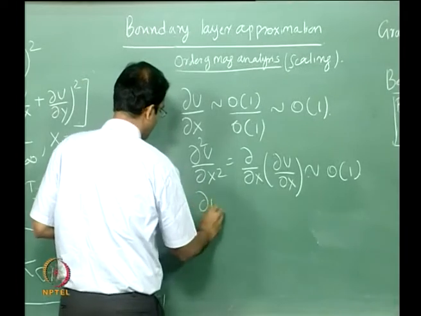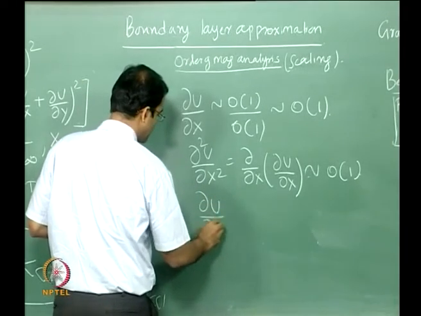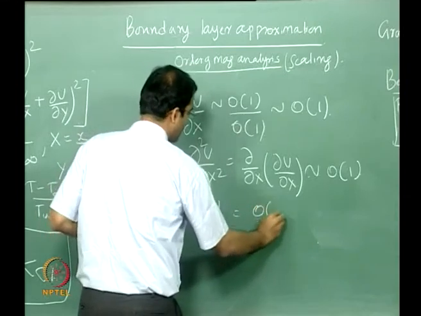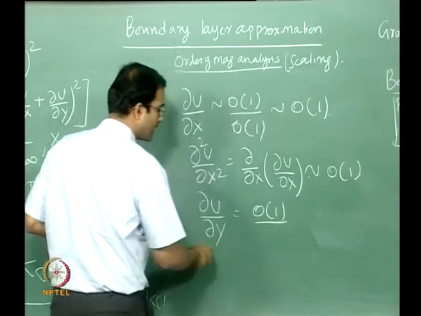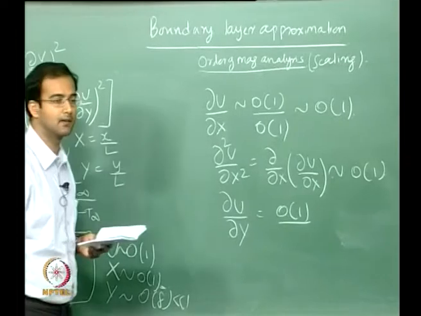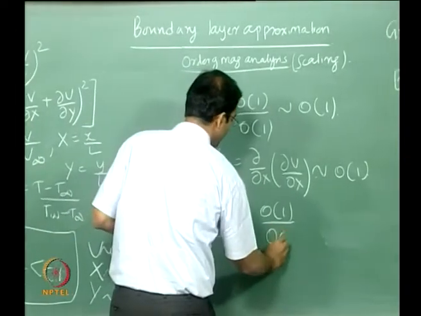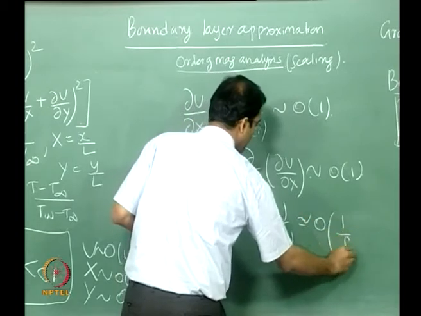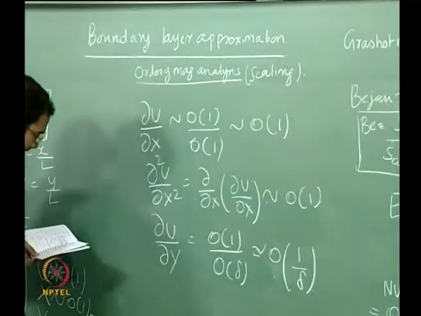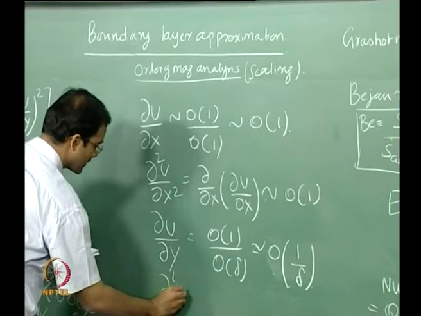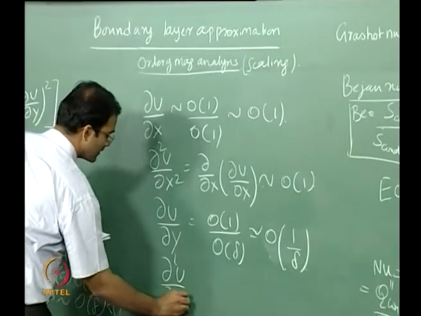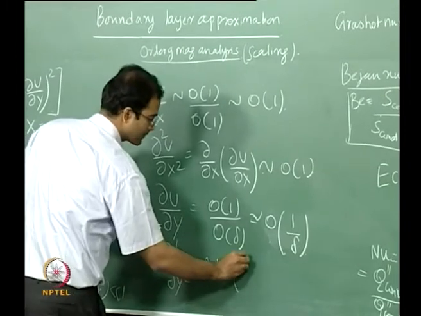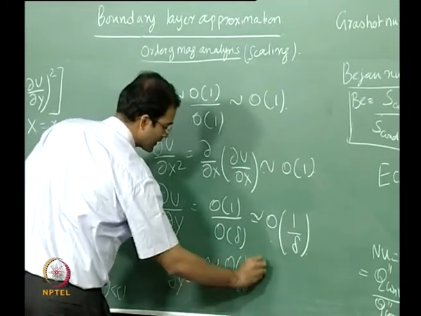Similarly we do this in all the directions. For du/dy, u is of order 1 and y is of order delta, so this will be of order 1 over delta. Similarly, d squared u by dy squared will be of order 1 by delta squared.